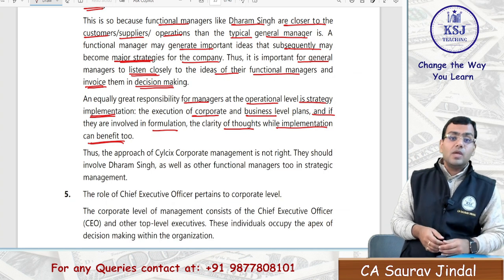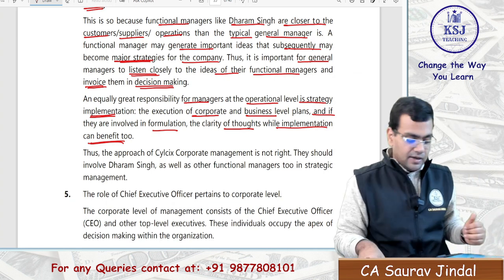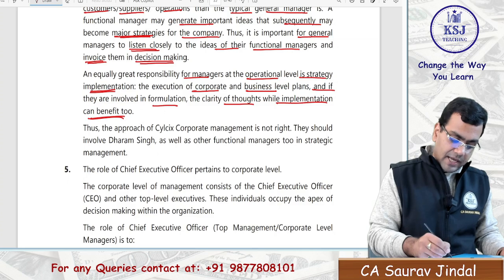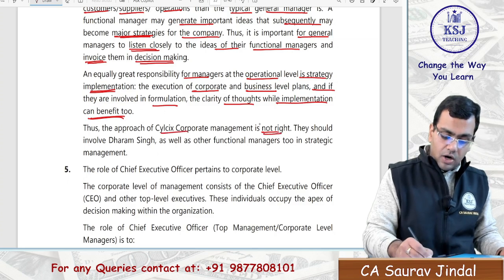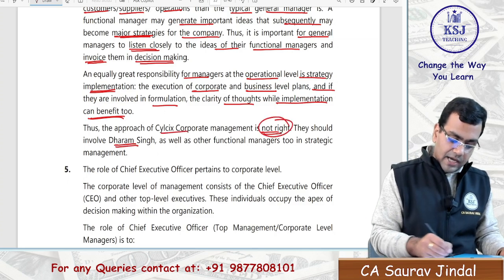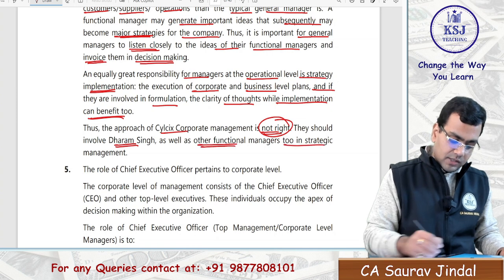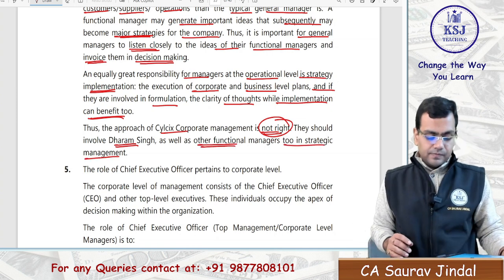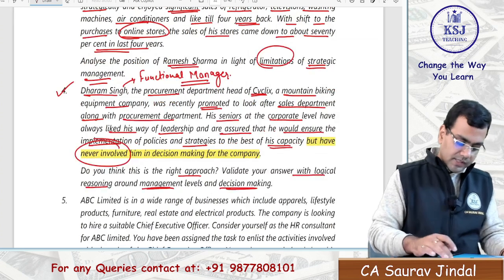He will be able to implement those strategies in a better way. Thus, the approach of Cyclic's corporate management is not right. They should involve Dharam Singh as well as other functional managers too in the strategic management. Clear? So this is another one.